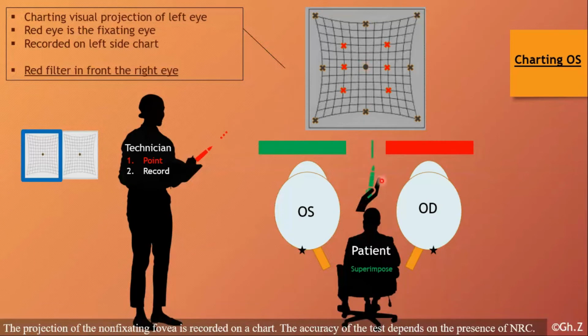The patient here is holding a green light in the form of a slit. So she is pointing her red dot on the center of the fixation, and the patient is asked to superimpose, to put the green slit over the red dot to be on top of each other.